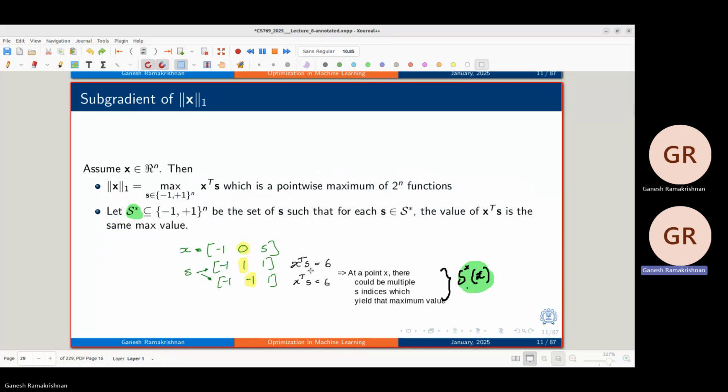Think of this S as an index. It's a finite number, 2 raised to n, but there are still a large number of indices. So in this case, there'll be two S's that contribute to the active function. S transpose X is 6 in both cases, right? So at a point X, there could be multiple S indices which yield that maximum value. This is S star of X.